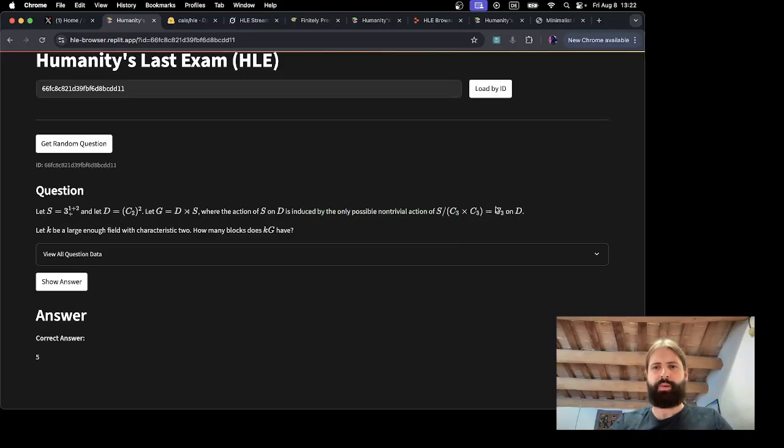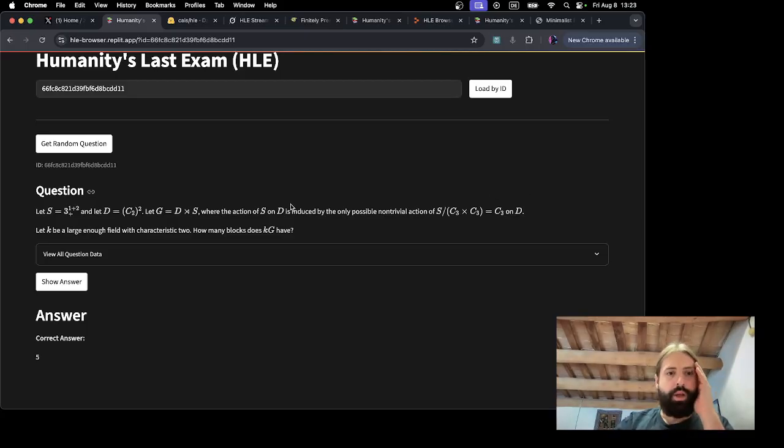Okay, so the next step is basically to understand the action of these on D being defined like that. To be honest, it's a little tricky because it seems like C3 and C2 are rather simple groups, so this should be more straightforward.